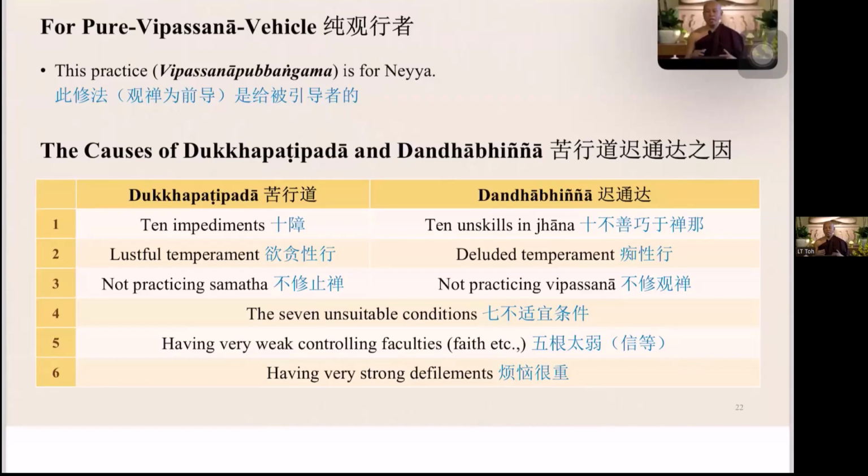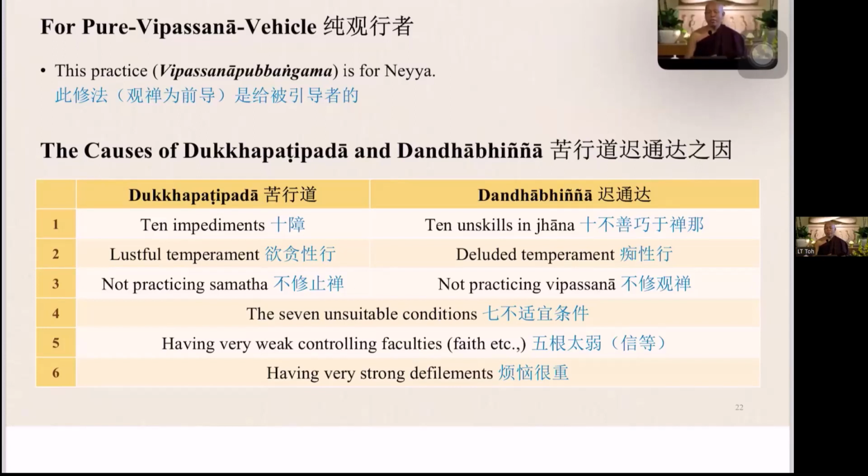Then there's the same thing: 7 unsuitable conditions, having weak controlling faculties, having very strong defilements. Altogether, 9 conditions. These 9 conditions will make us improve slowly and attain slowly. So a Vipassana meditator must practice Vipassana.